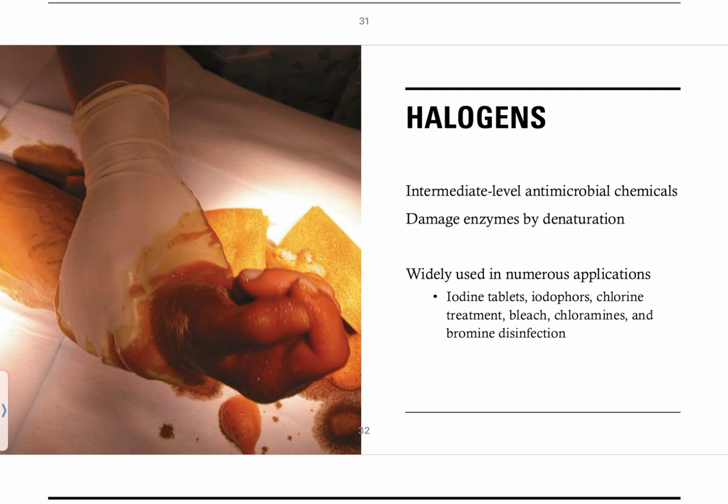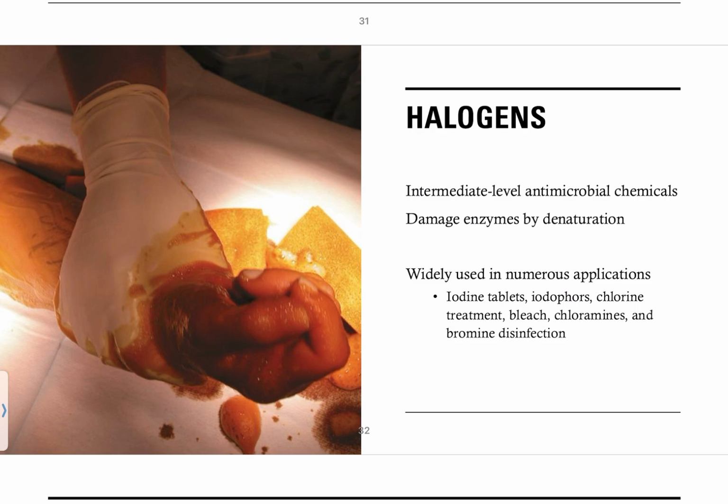Okay, another category or group is going to be our halogens. So if you remember your chemistry or periodic table, your halogens are iodine, chlorine, bromine, and fluorine. These also act at the intermediate level and they unfold and denature proteins, and they are pretty versatile.